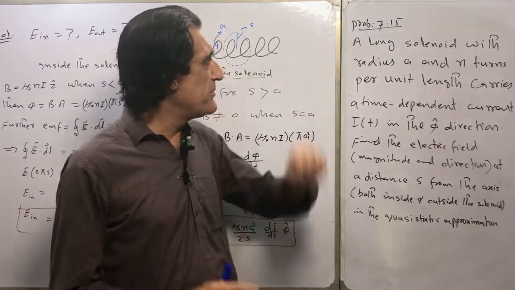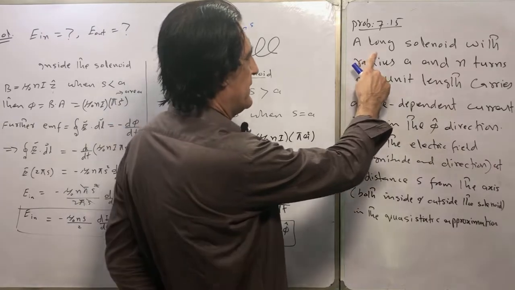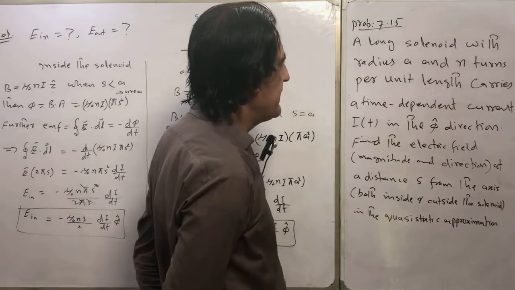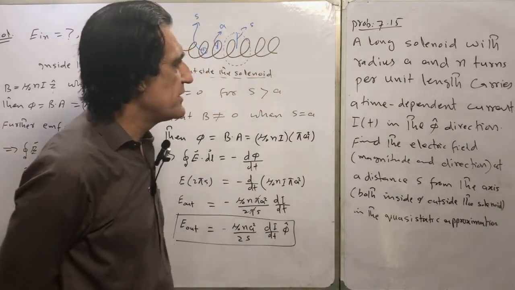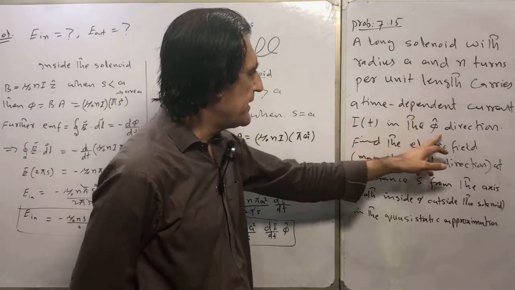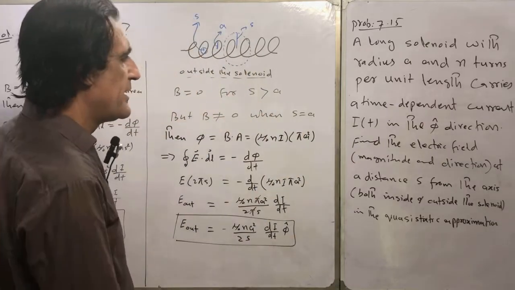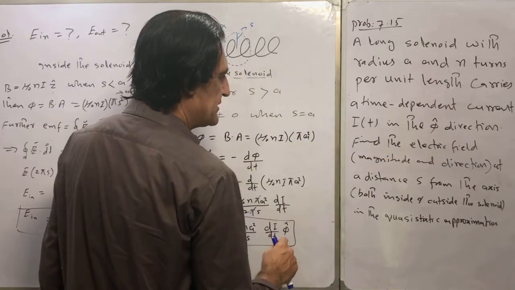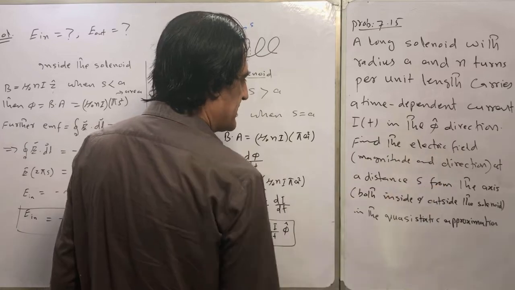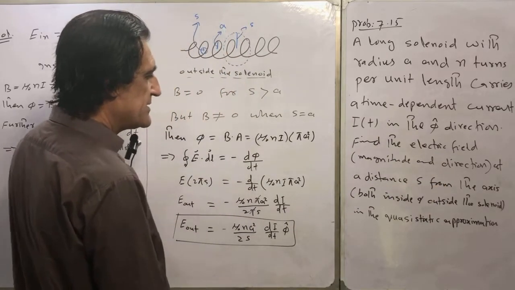So this is problem number 7.15, and it states that a long solenoid with radius a and n turns per unit length carries a time-dependent current I in the phi direction. Find the electric field, with the magnitude and direction, at a distance s from the axis, both inside and outside the solenoid.